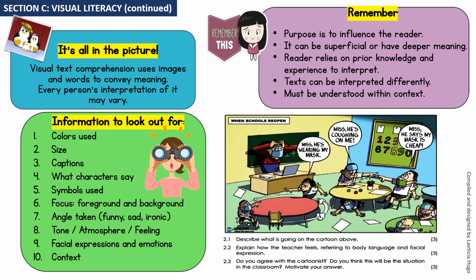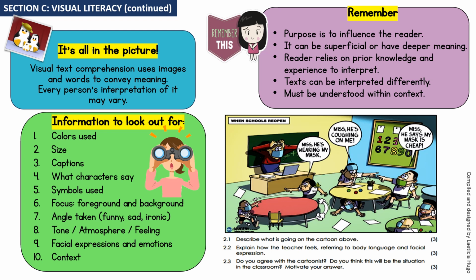So if we have a look here at this cartoon, 'When schools reopen,' that is the caption. So we know they are giving us an idea when this scene is taking place. Then four, what characters say, so that is usually the speech bubble, what all the characters are saying to each other or to themselves or whatever.